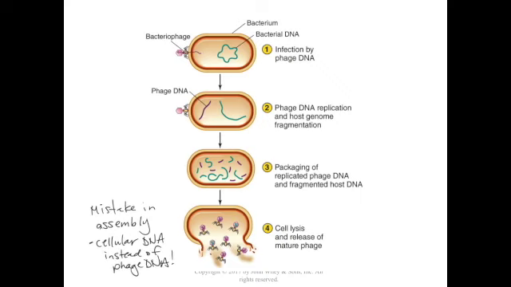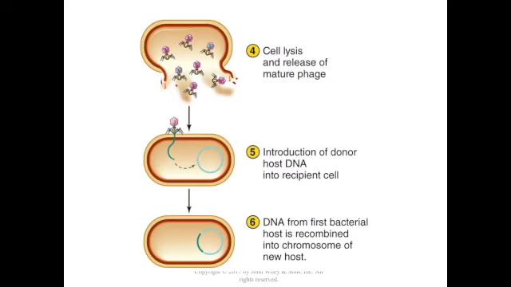And this becomes important when the next round of phage infection occurs. When our newly released bacteriophage, let's say this one right here, that has some cellular DNA packaged instead of phage DNA, attaches to a new cell, it can still go through those first few steps where it injects the DNA into the new host cell.